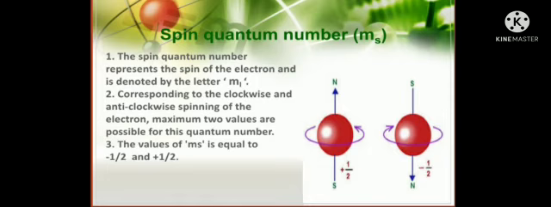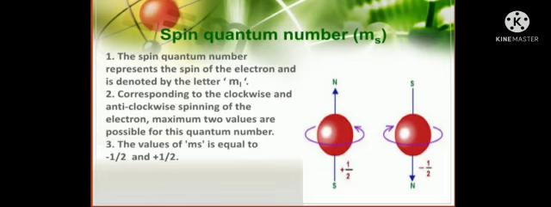Again, I repeat, the spin quantum number represents the spin of the electron and is denoted by the letter ms. Corresponding to the clockwise and anti-clockwise spinning of the electron, maximum two values are possible for this quantum number. The values of ms are equal to minus half and plus half.